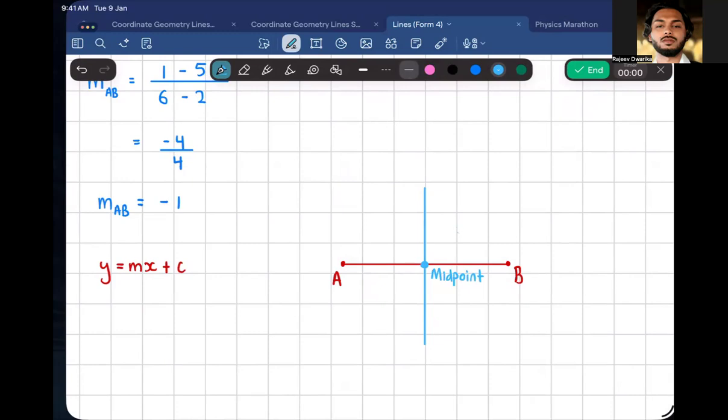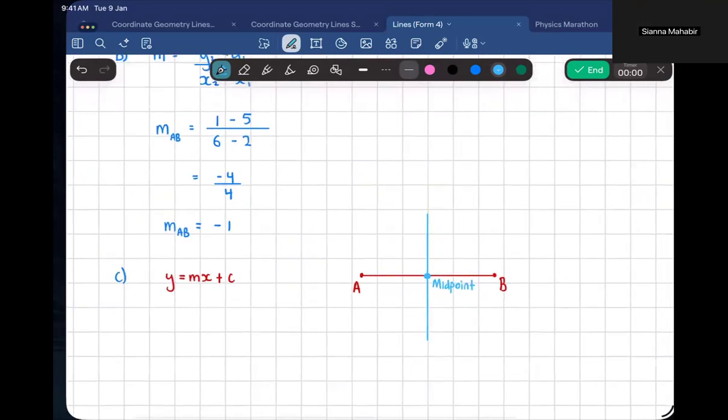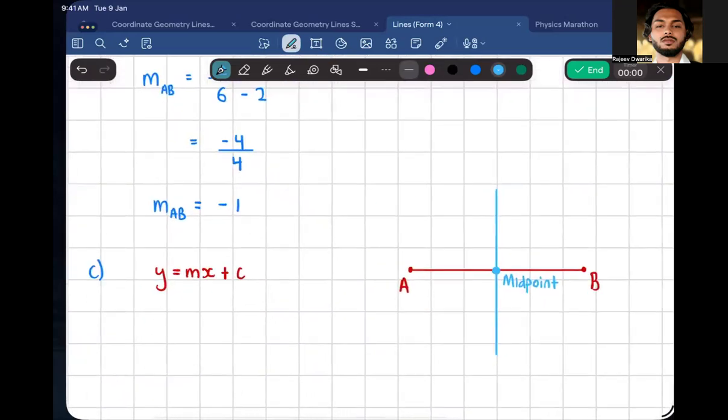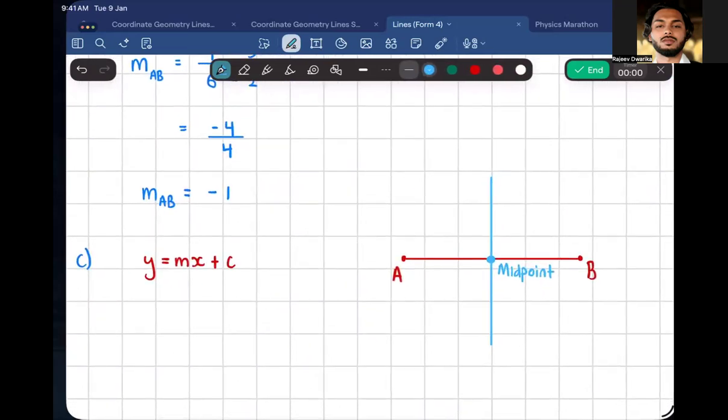Or we still got to find that? No, we didn't. We found the gradient of line AB. If that is the case, do you think you could tell me what the gradient of the perpendicular bisector is? So you would have to change the signs and you would have to reciprocate.